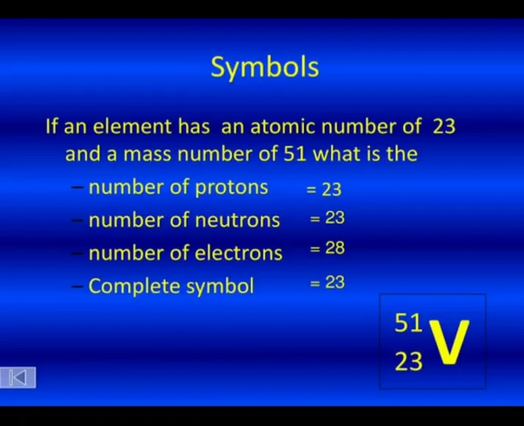If the atomic number is 23, then what is the number of protons? Because atomic number equals number of protons, that means 23, and number of protons equals number of electrons, so the number of electrons is also 23. Mass number equals number of protons plus number of neutrons. Therefore, number of neutrons equals mass number minus atomic number, that equals 28.